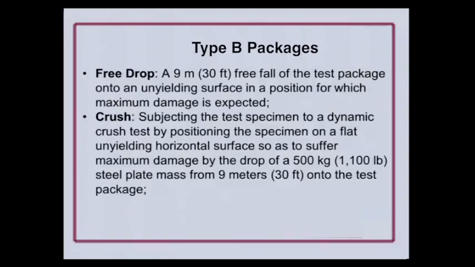You also have a crush test. It's dynamic. Position the specimen on a flat, unyielding horizontal surface so as to sustain the maximum damage. You're going to drop a 1,100-pound steel plate from 30 feet onto the package. A crush test.